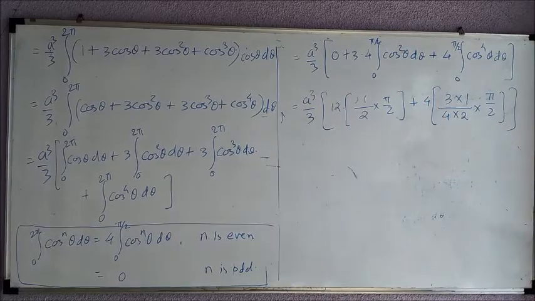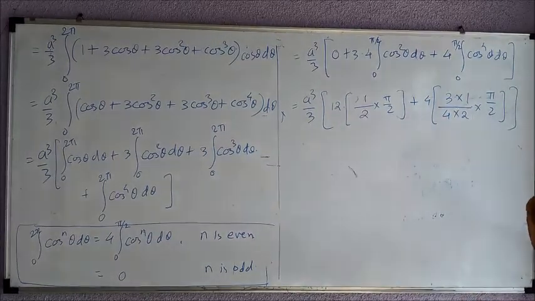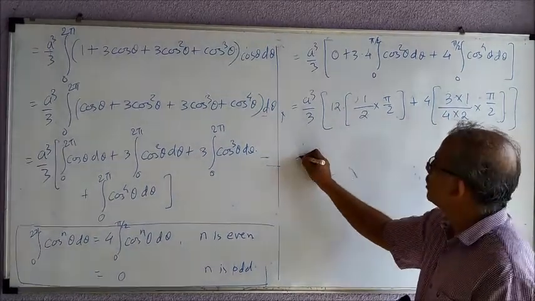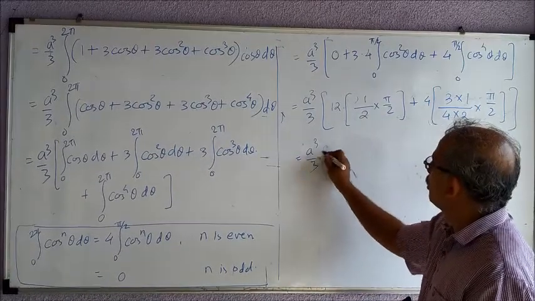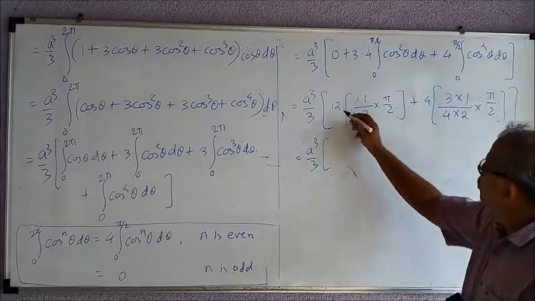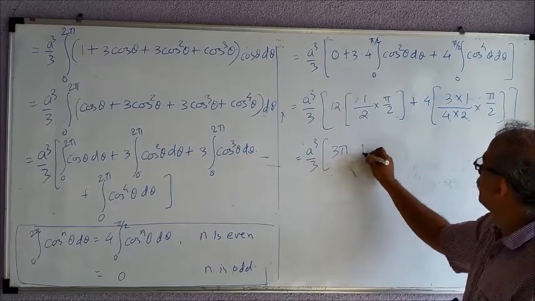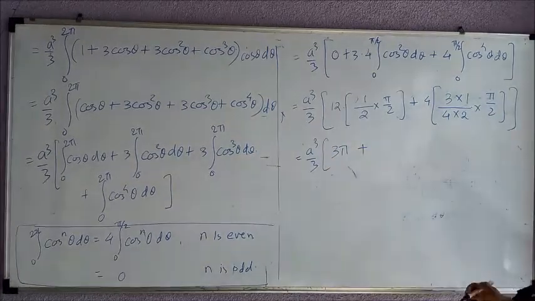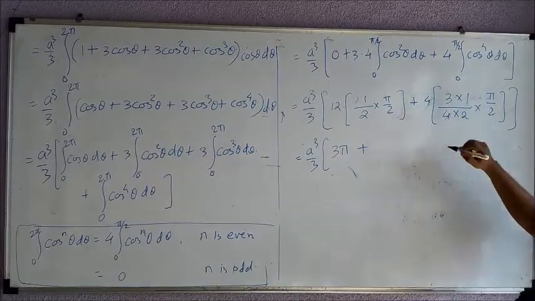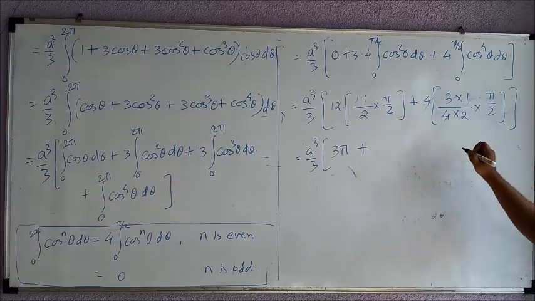You already know how we have solved this. So this is equal to a cube by 3 into bracket, 3 pi plus 3 by 4 pi.